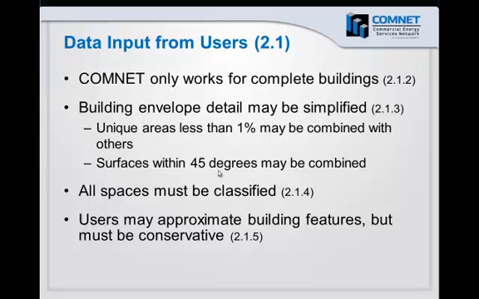So every space has to be classified, and there's some guidance on how you can approximate troubling building features, and the key point there is that when you approximate building features, you should be conservative. It should be done in a way so that the percent savings are estimated on the low side.